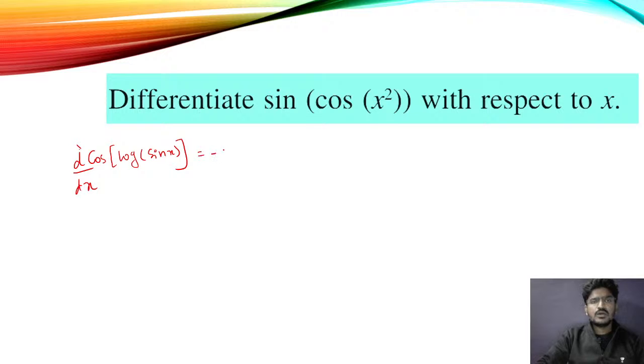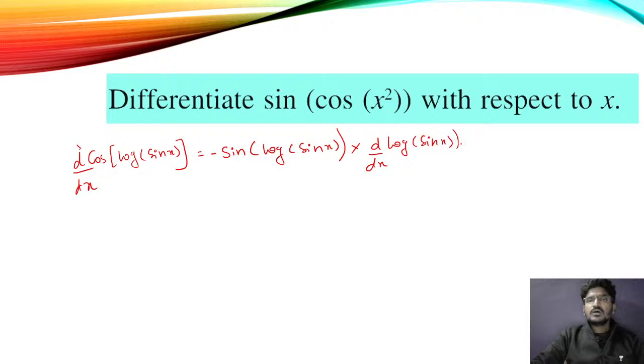It will be minus sine of log of sin x multiplied with, now differentiation of log of sin x. Differentiation of log of sin x is 1 by sin x multiplied with d by dx of sin x.